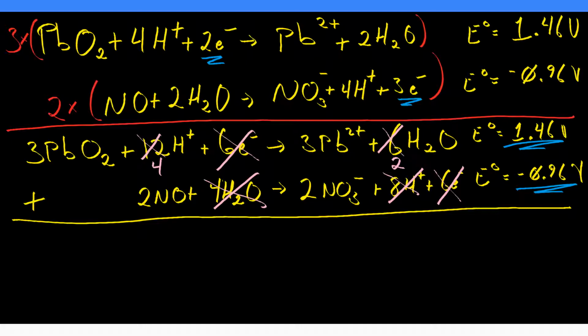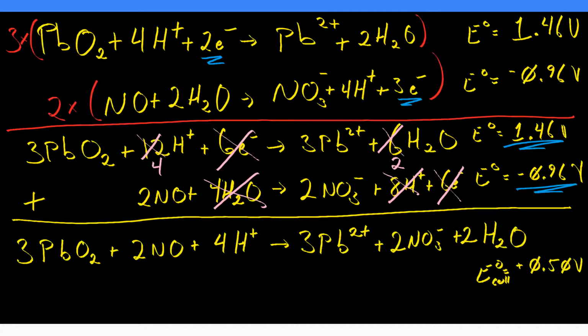So when we add our reactions together, we are going to end up with 3 PbO2 plus 2 nitric oxide plus 4H+ yields 3 Pb2+ plus 2 nitrate plus 2 water, with a standard cell potential of 0.50 volts positive. And once again, I want to go ahead and point out our electrons.